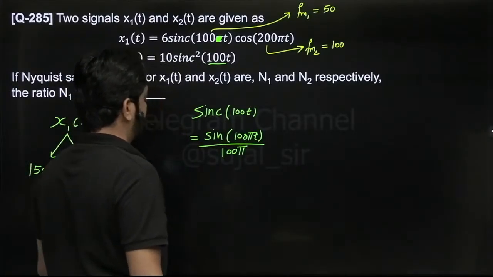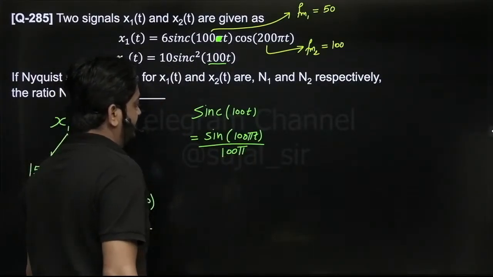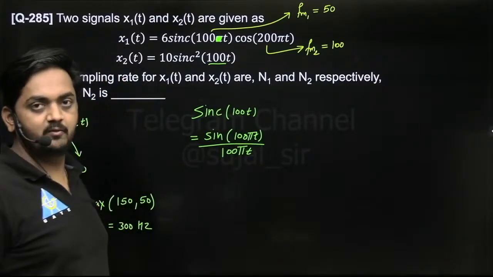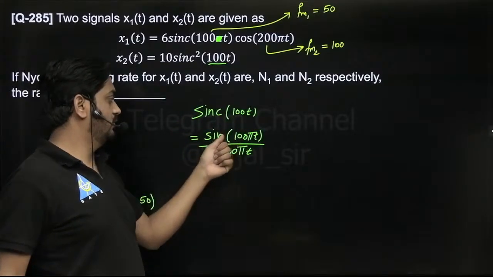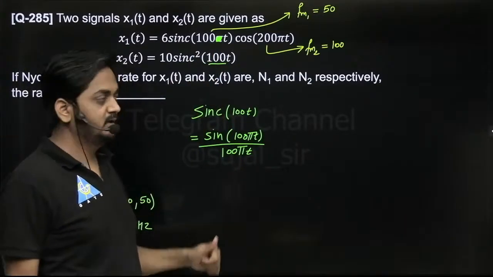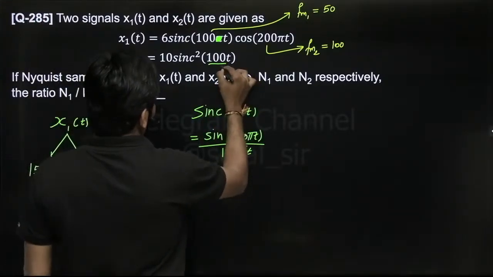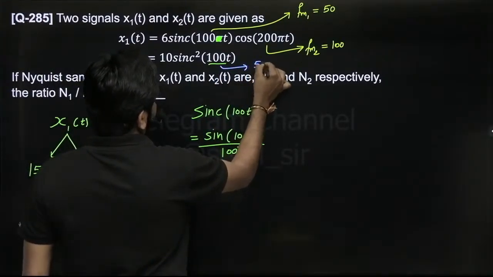Sin pi x by pi x, guys, so 100 pi t. Are you getting it? Sinc 100t is equal to this, so pi should not be there like this. So here in the sinc function, again the frequency is 50, guys, correct?